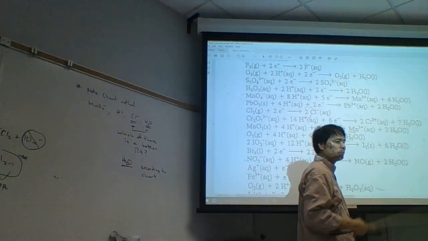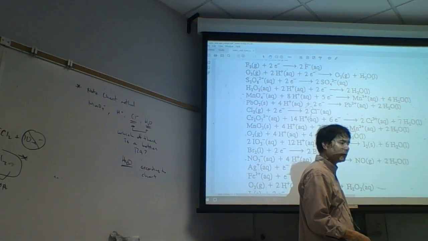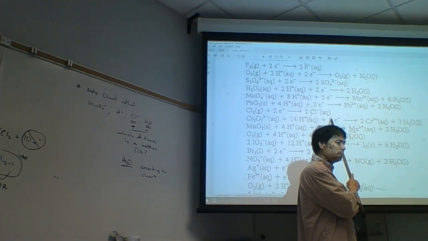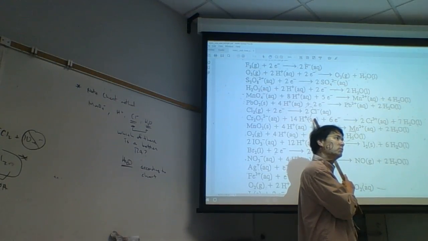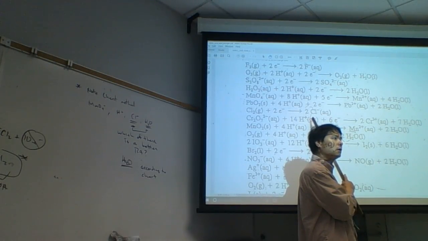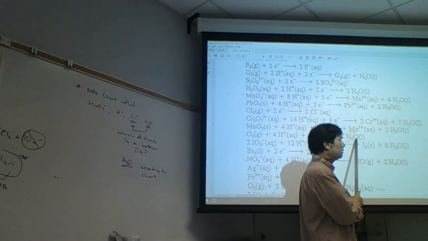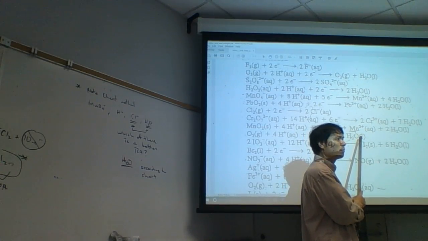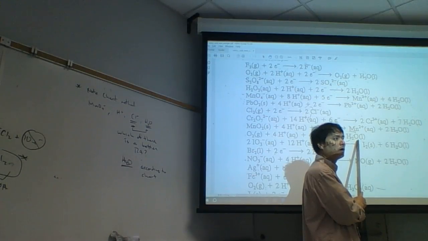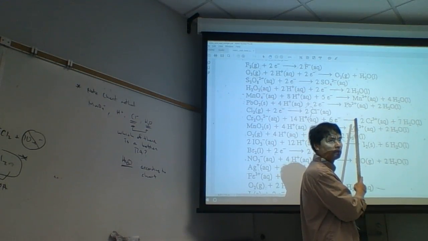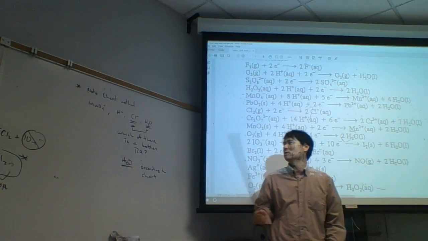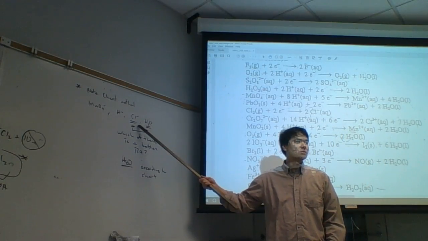And so it depends on your wallet. If you have plenty of money, and you could afford it, maybe you'll take the easier route to save you a little bit of work. Versus this one, where you want to save more money, then you're going to have to make more compromises, more sacrifices. And so nature can afford both. Since nature could afford both, it's going to take the easiest route. The easiest route is chloride.